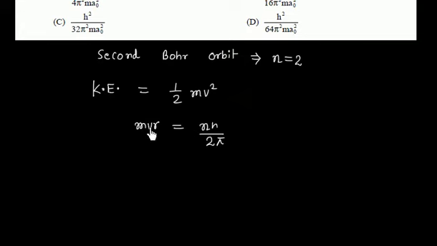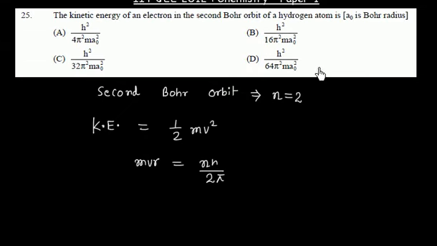From here we can find v, but for the second Bohr orbit, what is the radius? The first Bohr orbit radius is given as a naught, and if you remember, radius is given by a naught n square by z. So the radius of any Bohr orbit is given by this formula.